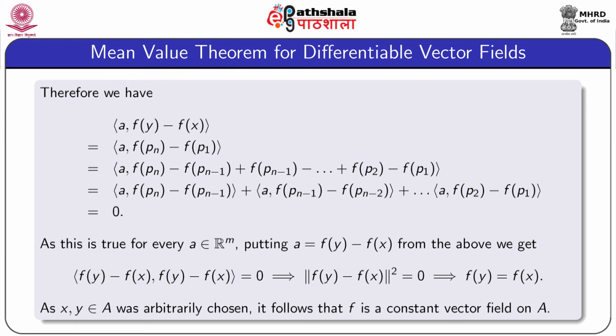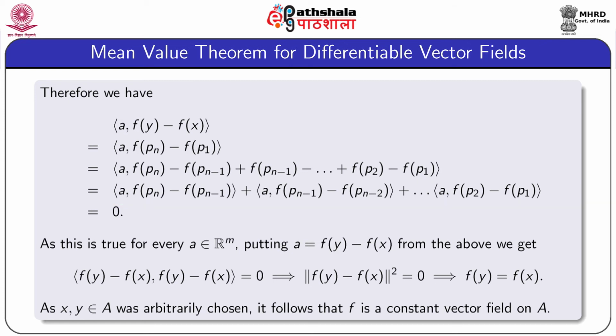Now, using the additivity property of inner product, we express it as inner product a, f pn minus f pn minus 1, plus inner product a, f pn minus 1 minus f pn minus 2, up to inner product a, f p2 minus f p1, and we know it is nothing but 0.